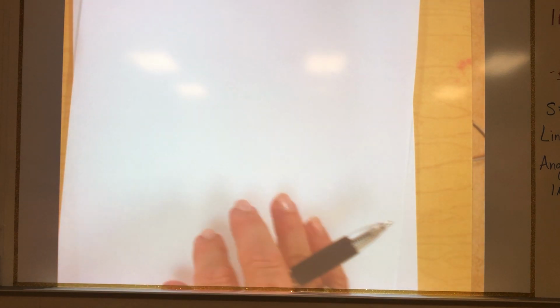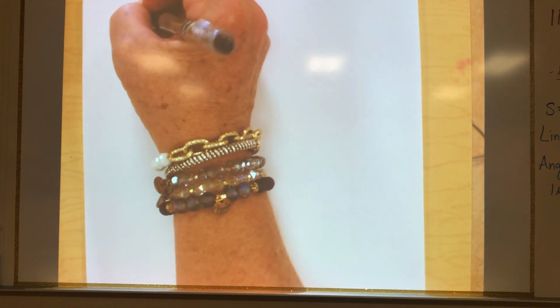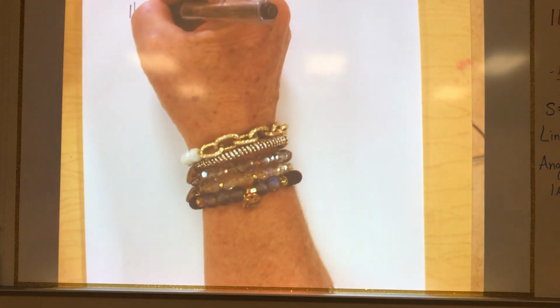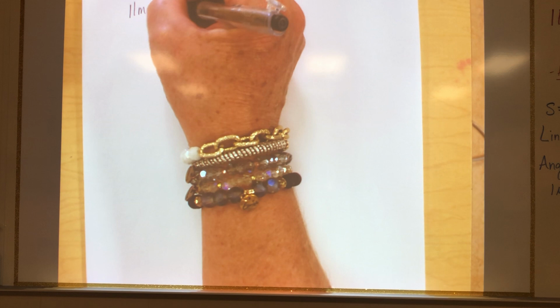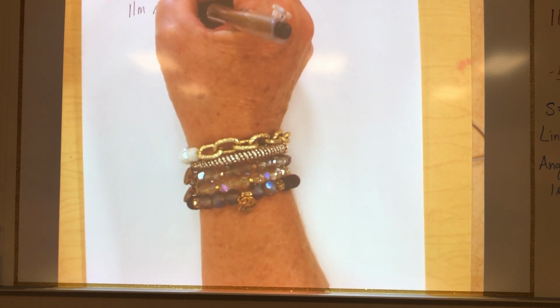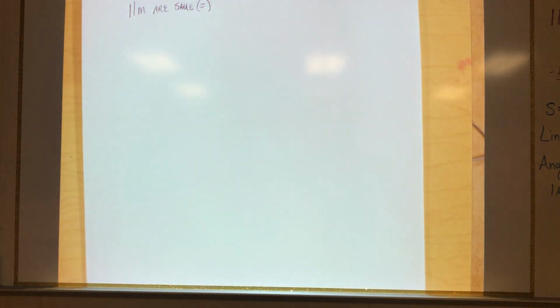Okay, so we got 2 more problems. One I'm going to work with you, and then one I'm going to give you to work all by yourself. Okay? So, just a quick little recap, all right? Parallel slopes. What about them? Okay, so they are the same. They're equal. Everybody agree? All right.